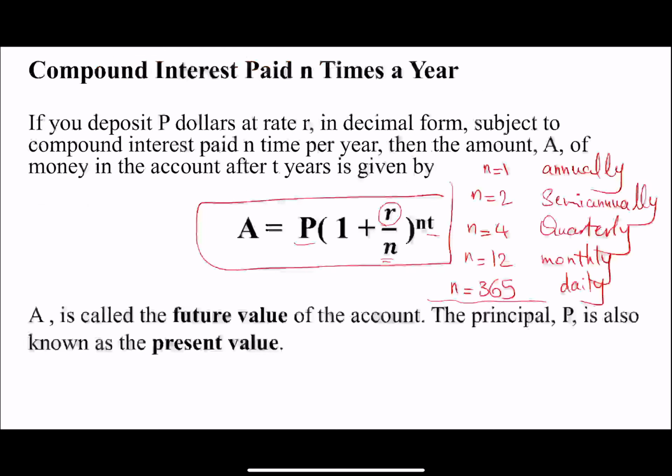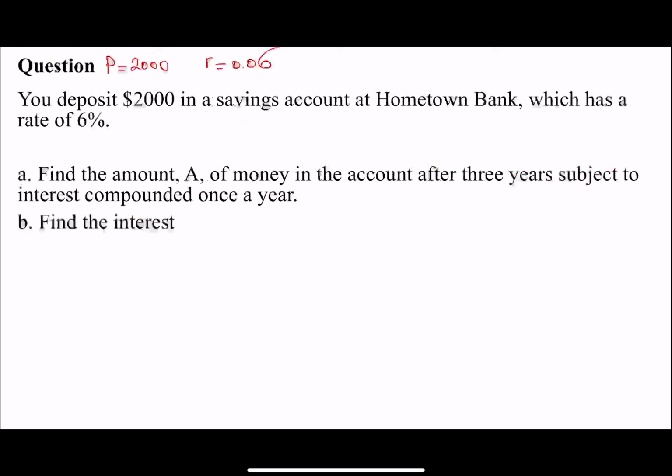Find the amount A, your future value, after 3 years, so time is equal to 3 years, subject to interest compounded once a year. So n is equal to 1.